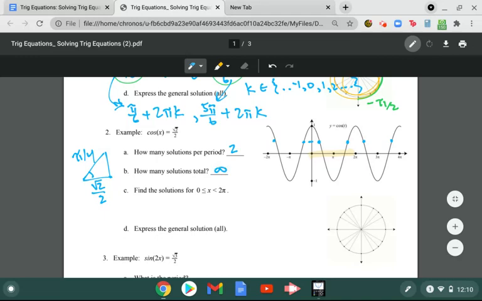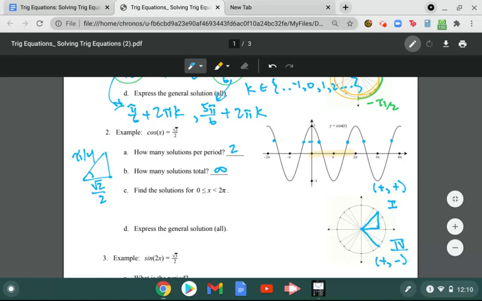I want to find the solutions in one rotation between 0 and 2 pi. Well, I know the first one is right here where cosine is positive, and that's in quadrant 1. These have positive cosines and positive sines. The other time that cosine is positive is in quadrant 4. Positive cosines, negative sines.